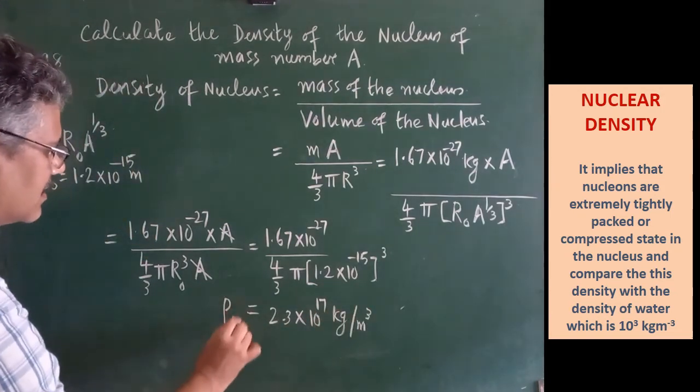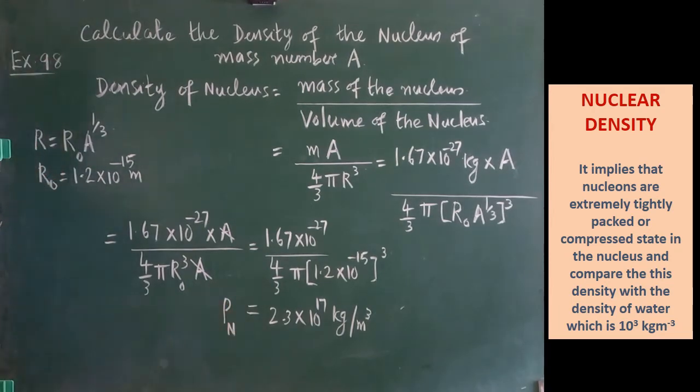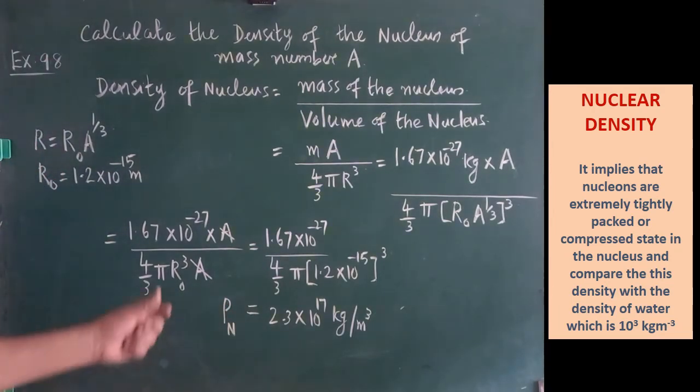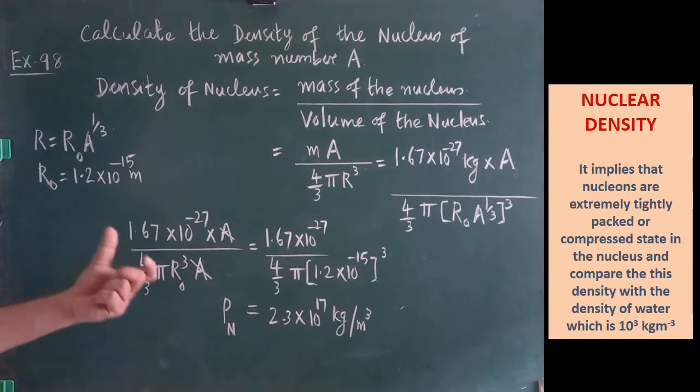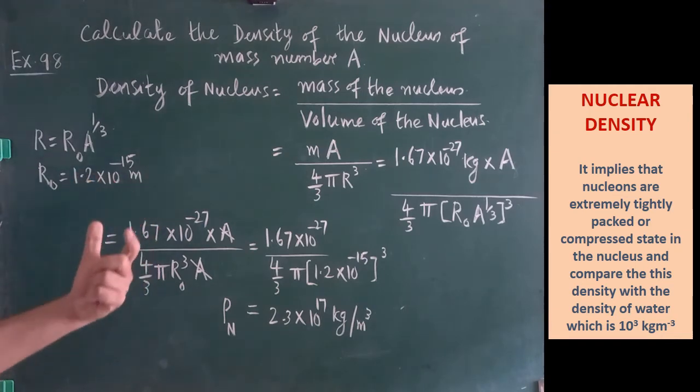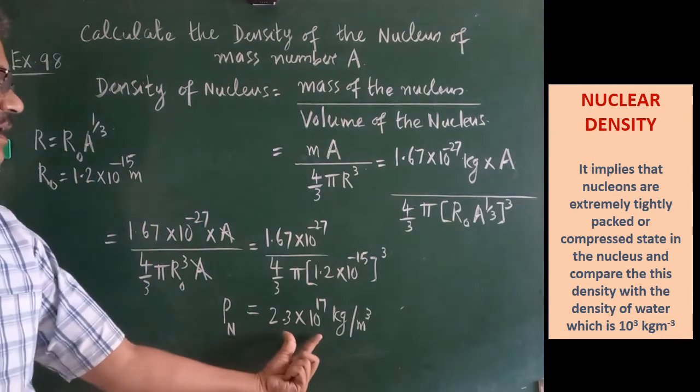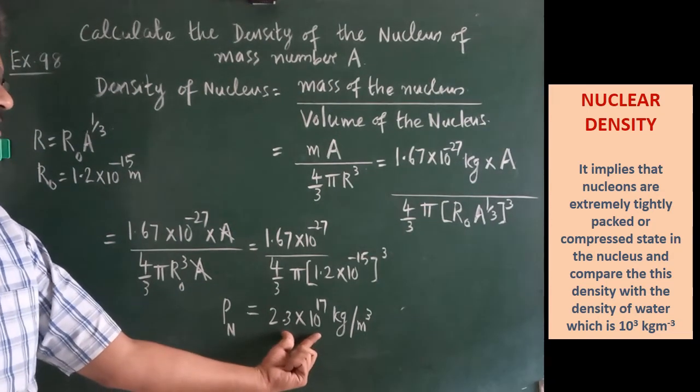So this is the density of the nucleus. If you calculate the density of the nucleus of any element in the periodic table, the answer will be almost equal to this much.